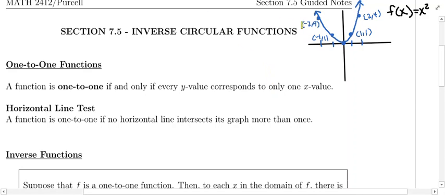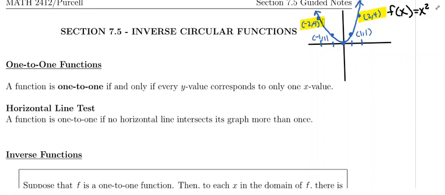Well, we have a problem. There are lots of points that violate the rule here, but I'll just take these 2 points that I've highlighted in yellow. Both x equals -2 and x equals 2 share the same y value. So you have repeated y values. This fact makes this function not one-to-one.